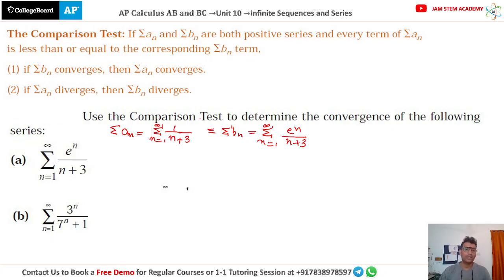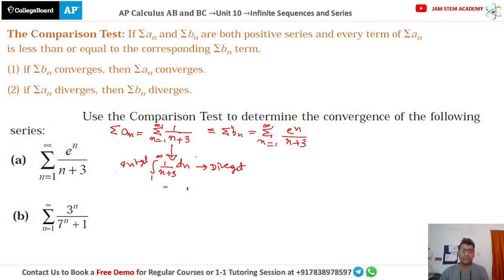Now you can easily show the nature of this one, 1 over n plus 3. You can use your integral test this time. It's simple to integrate, right? So integral from 1 to infinity of 1 over n plus 3 dn, and using that integral test, you can show it is divergent.